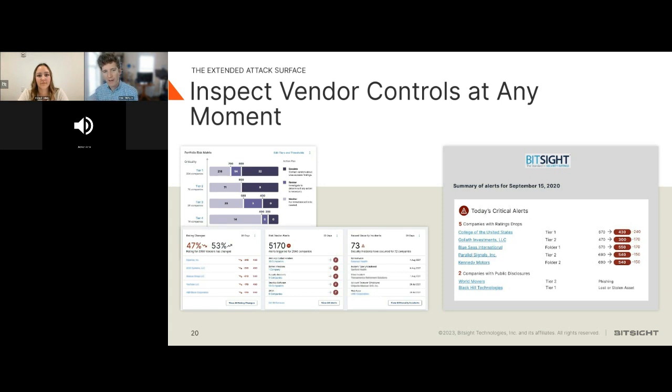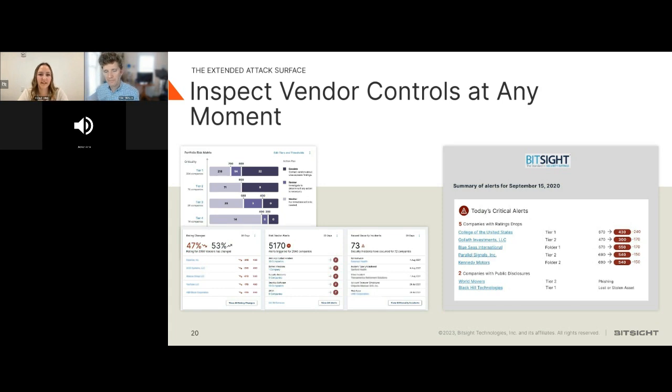So it's not just a matter of asking for qualitative answers in questionnaires and things like that. You can have detailed evidence-based conversations about specific exposures within your supply chain, and which Olivia's going to talk about in just a minute, you have the ability to actually take action to remediate those things, which helps to significantly reduce the overall organizational risk in a way that's not possible if you're just looking at the infrastructure that you control.